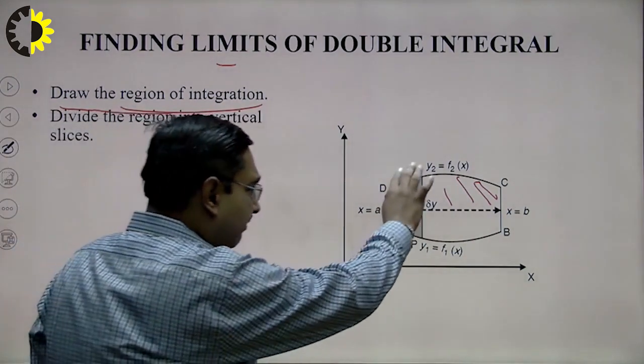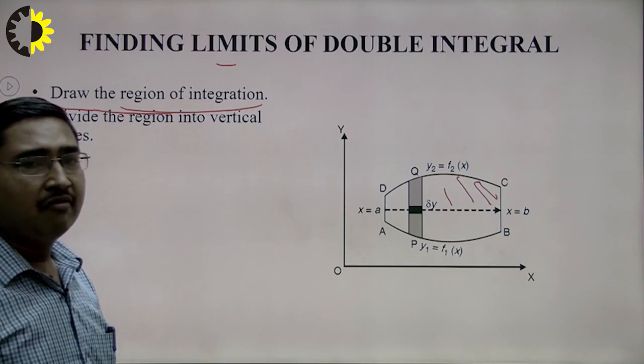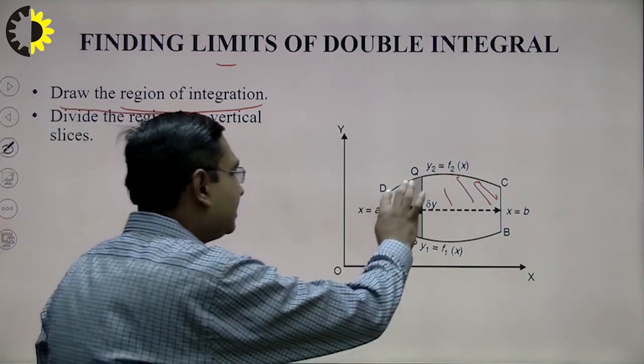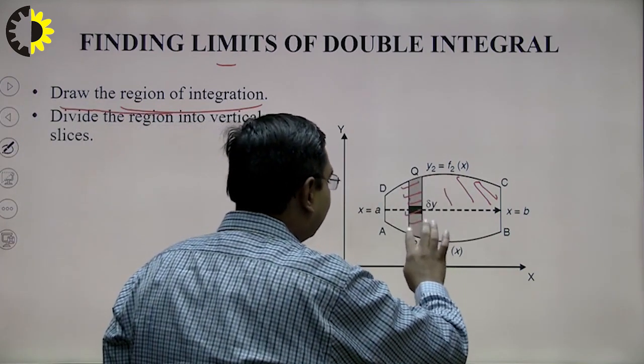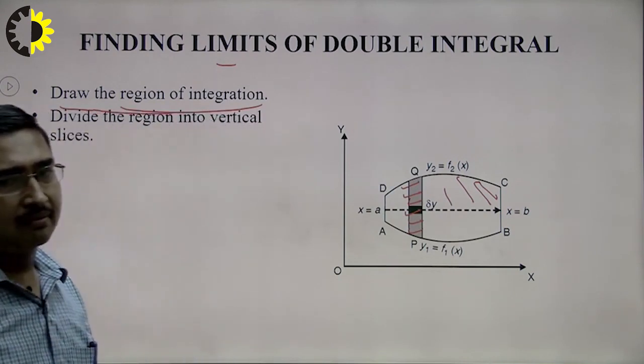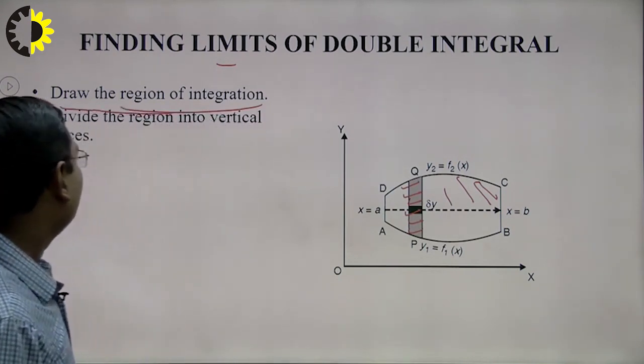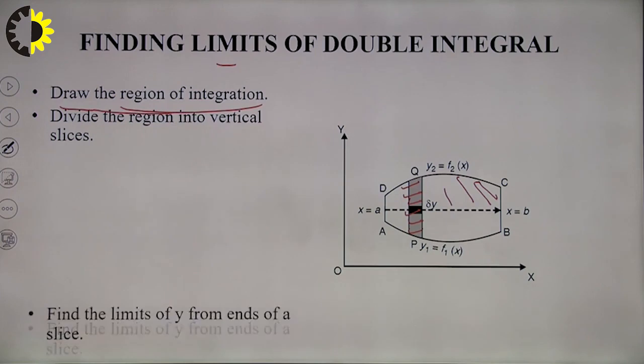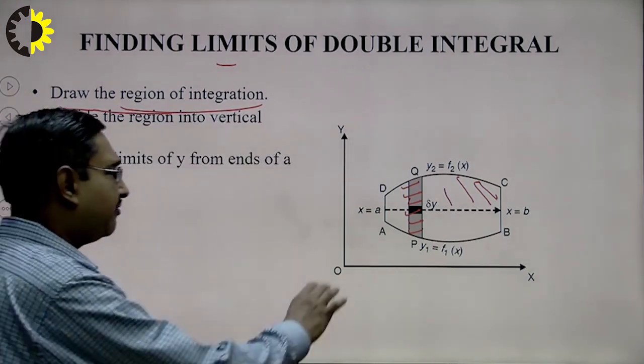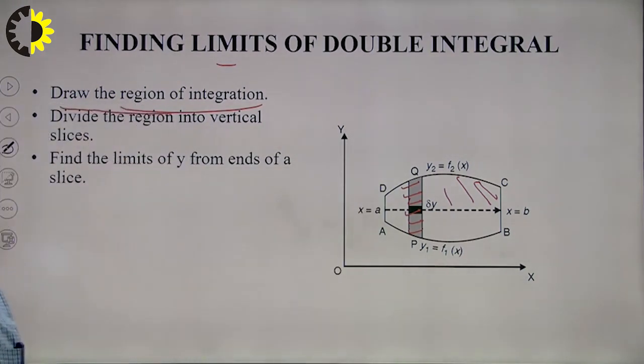We shall divide the region into vertical slices. This is an elementary slice which I have drawn here. Now, by these vertical slices, we shall first find limits of y.